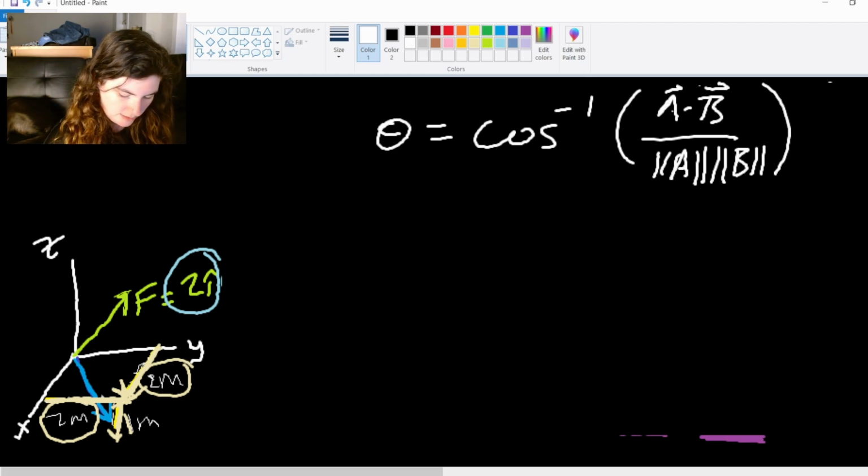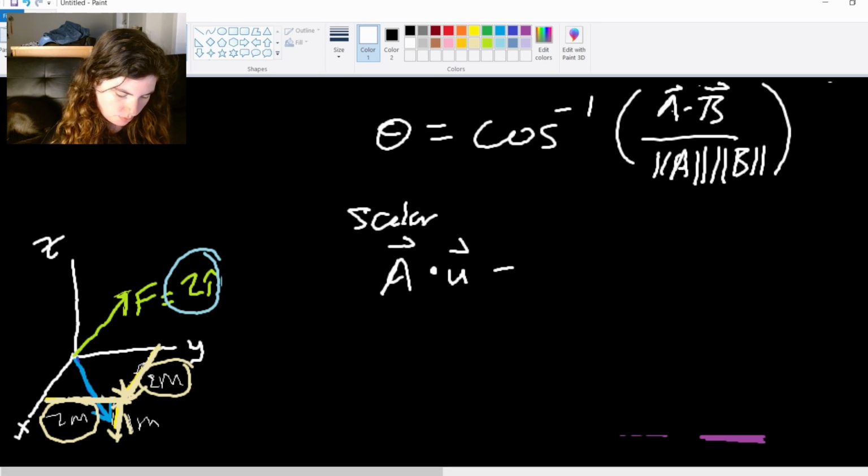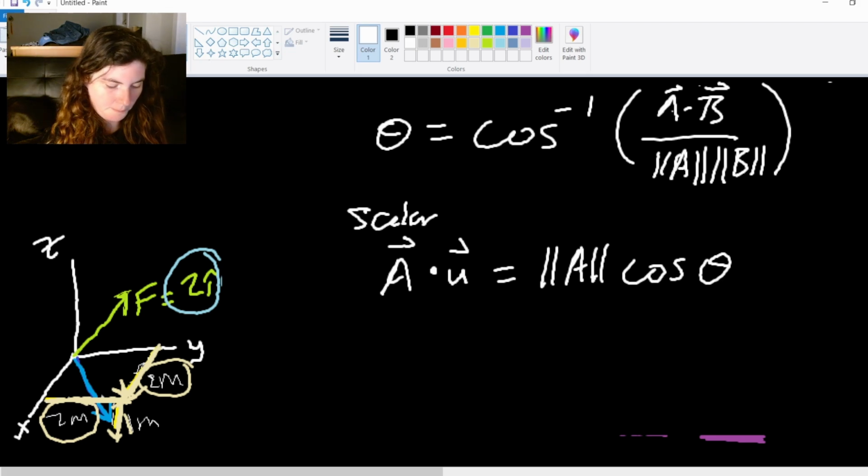Another one, if you want the scalar value, then your vector A dotted with your vector u is the magnitude of A cosine theta. Now remember, we said our dot product was the magnitude of A times the magnitude of B times cosine. But in this case, if we dot it with a unit vector, then the magnitude is already 1. I already know that. So in this case, it'll be the magnitude of A times cosine theta.